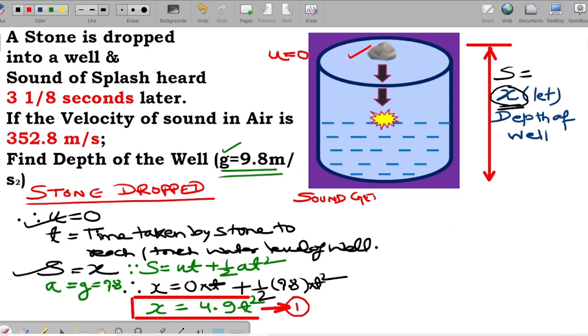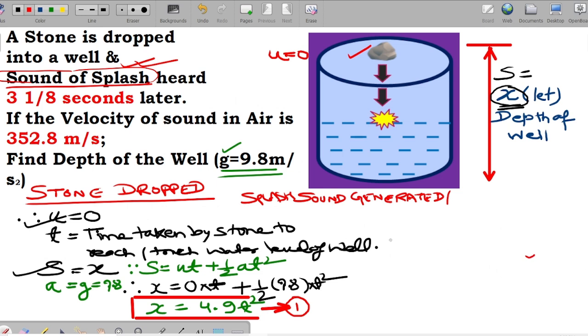The sound generated, which sound? The splash sound, right? So I am writing over here the splash sound. The splash sound is generated just after the stone hits the water level inside the well, and at the same moment the second part of the journey will start, that means the journey of sound, right?